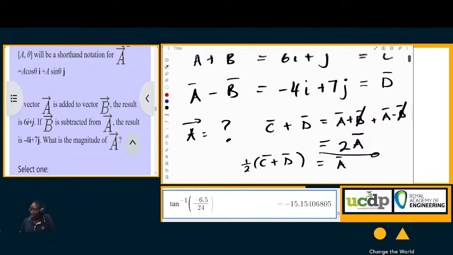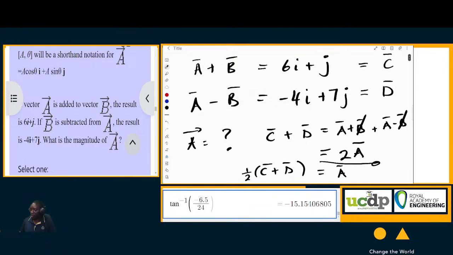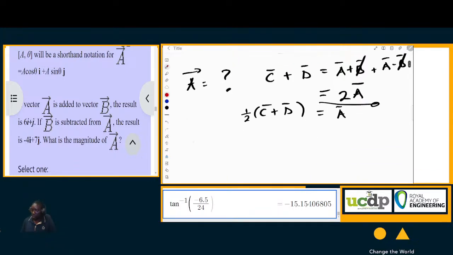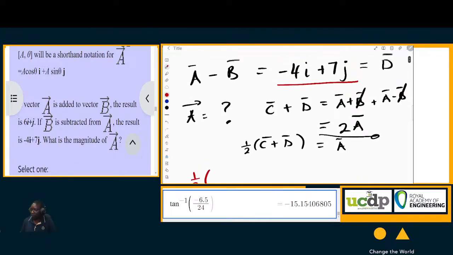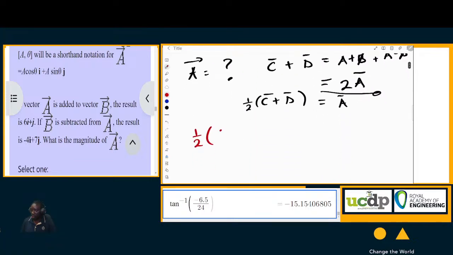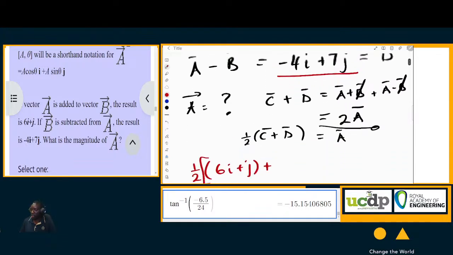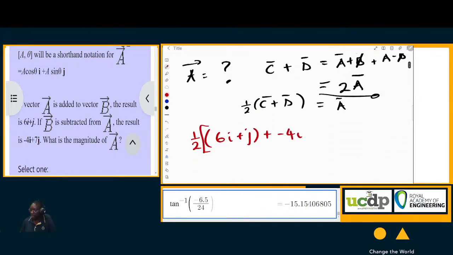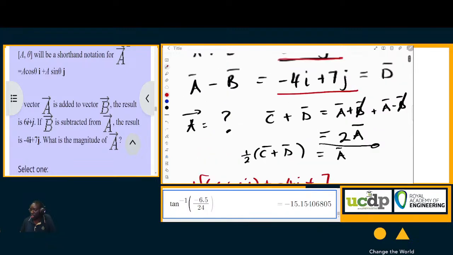But now what is c? According to what we have, this is vector c and this is vector d. So it's half of 6i plus j added to vector d, which is minus 4i plus 7j.